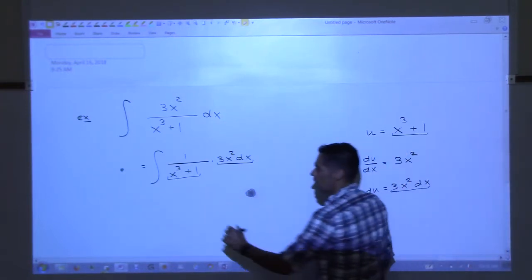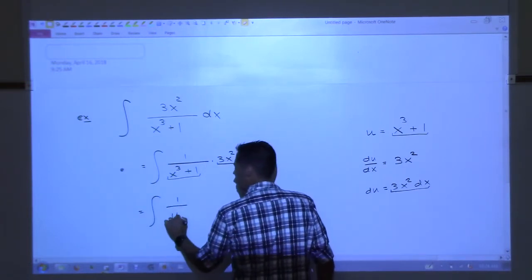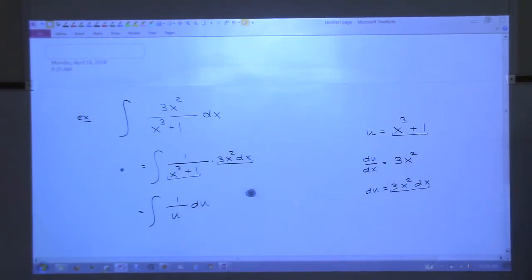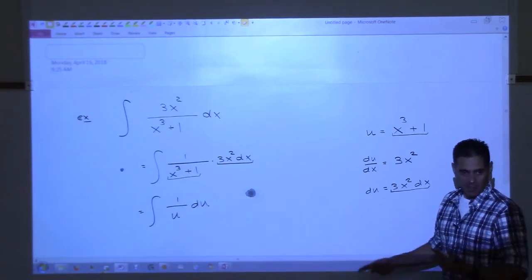So let's do it. This becomes the integral of 1 over u du. 1 over u du. And no, that's du, not u. What's the antiderivative of 1 over u? What is the antiderivative of 1 over x? Natural log, right?